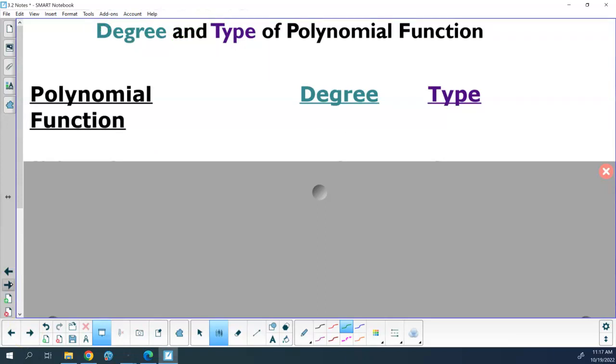Now, like I said earlier, the degree will tell us a couple of different things. So the first thing that it's going to tell us is the total number of solutions.